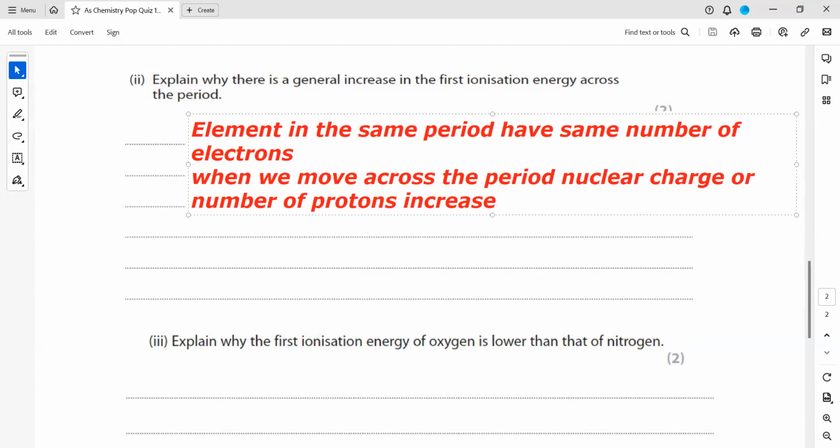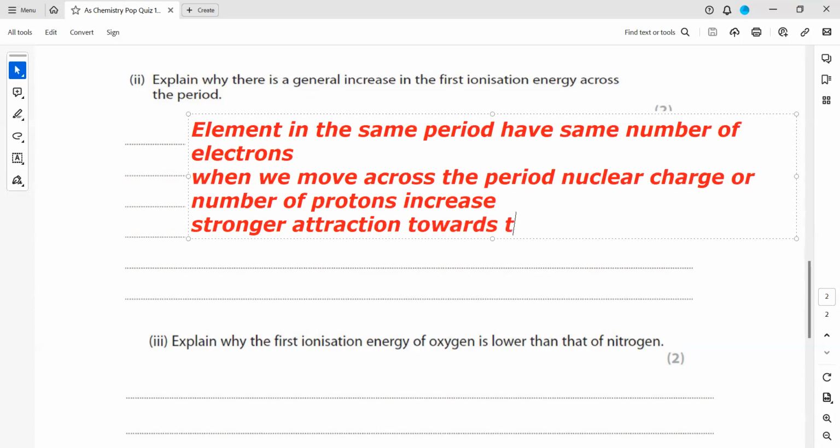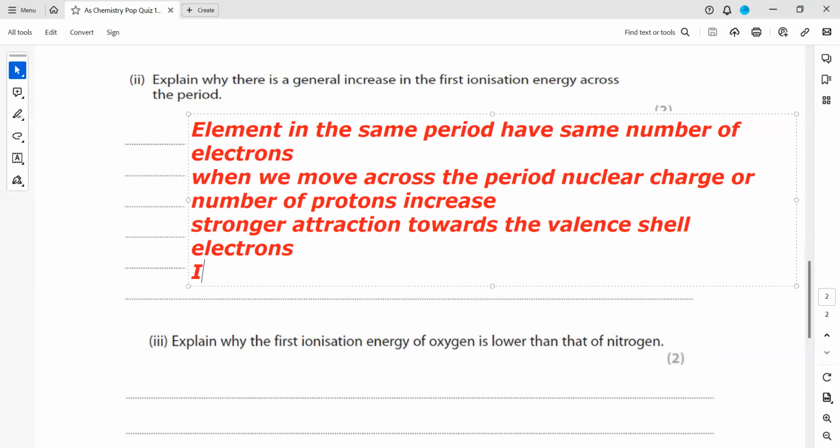As the nuclear charge increases, there will be a stronger attraction towards the valence shell electron. And when there is a stronger attraction towards the valence shell electron, the ionization energy will increase.